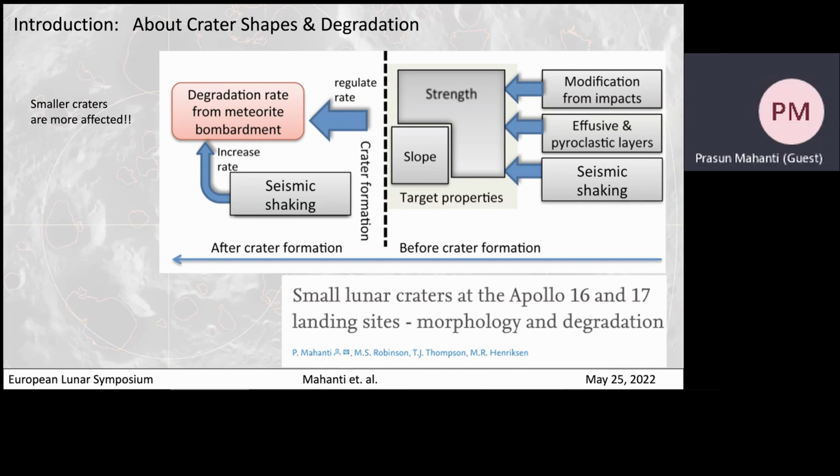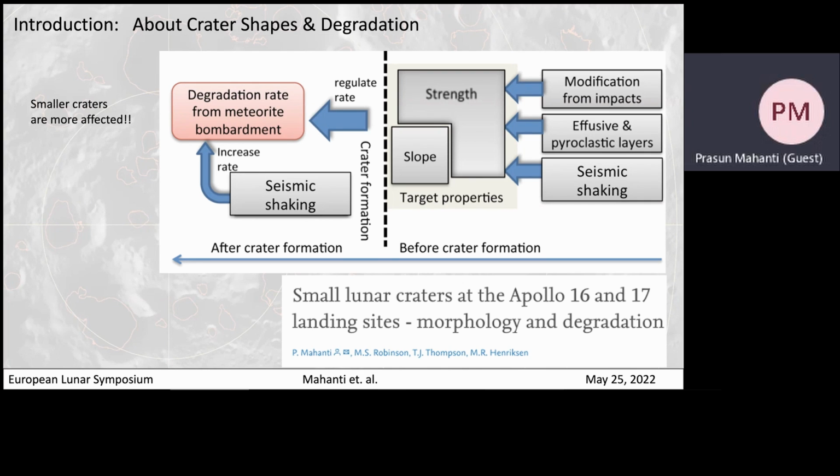Now, in one of our earlier works, what we tried to summarize is that before the crater formation, the shape gets decided based on the initial strength of that impact plane. It could have been modified from other impacts previously. It could have a lot of different layers. And it might be a place already affected by seismic shaking, right?